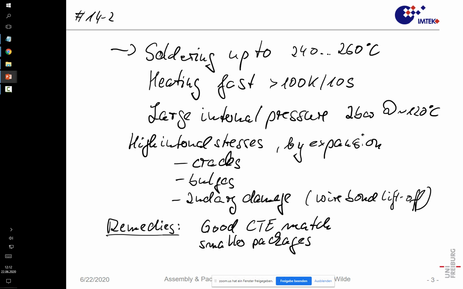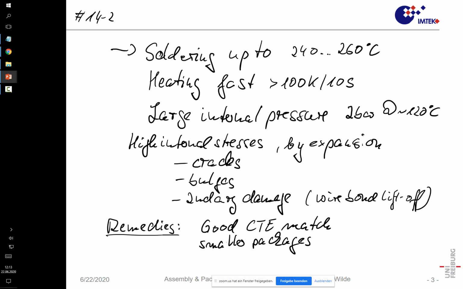When you talk about stress problems in assembly and packaging, there is a simple rule of thumb. You could say the bigger the package, the bigger the stress. Yeah? Smaller devices have typically less stress problems.